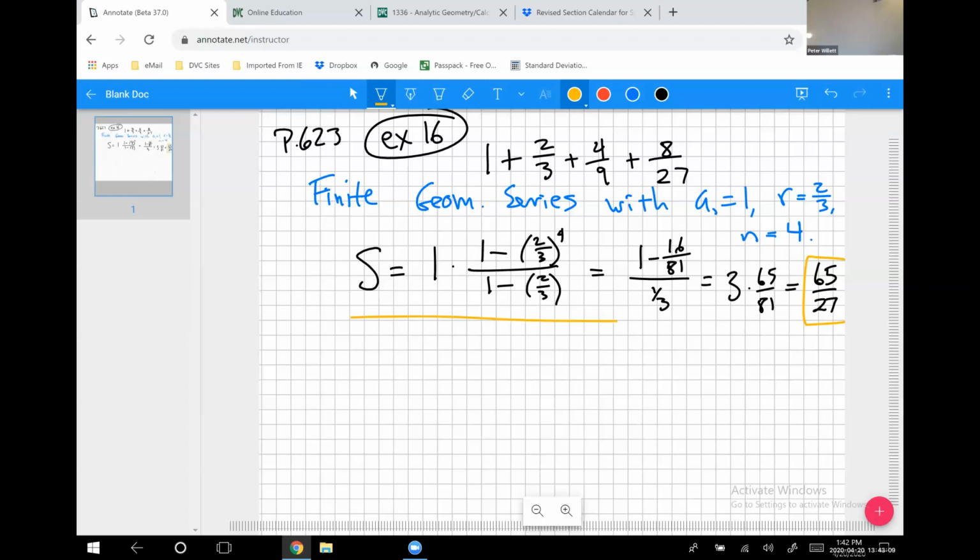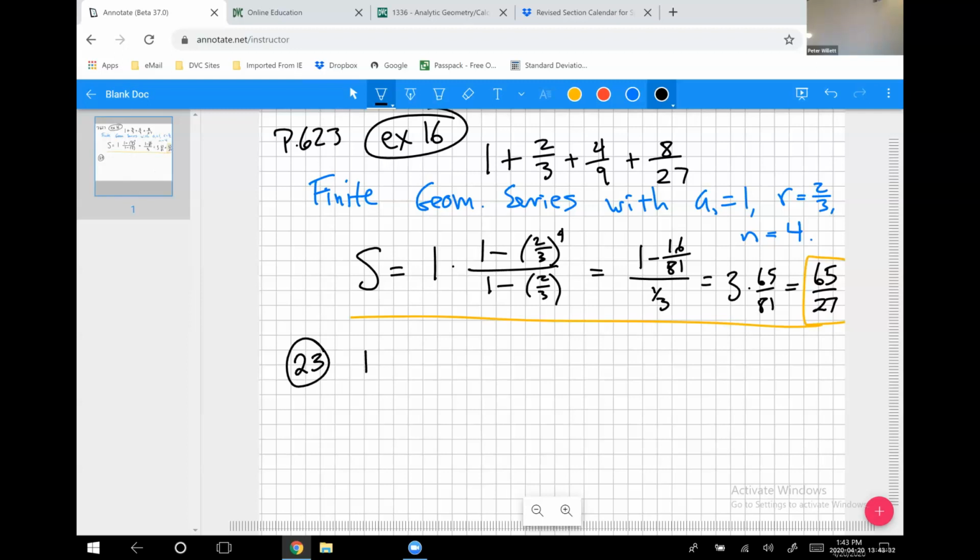Let's take a look at another one down on the list here somewhere. The next batch says evaluate each geometric series or state that it diverges. So let's look at 23. Here they don't give us a formula, they just give us the first 4 terms with a pattern.